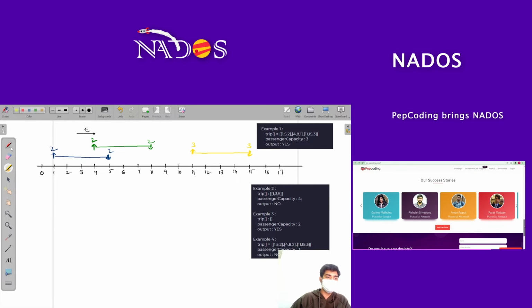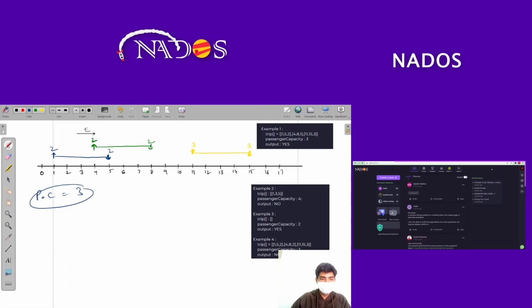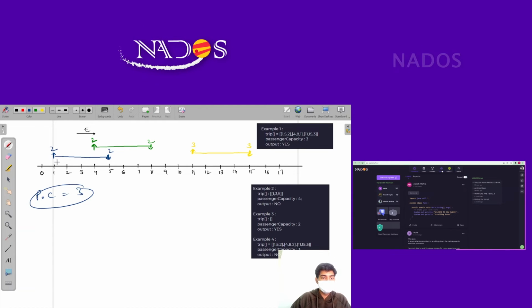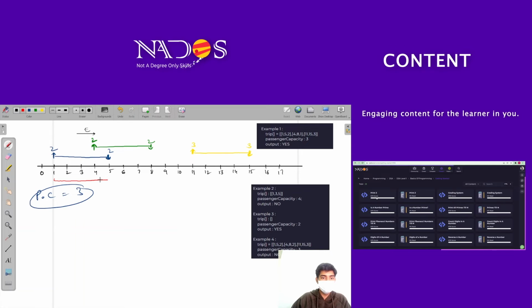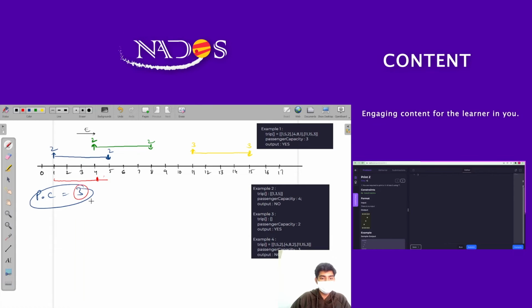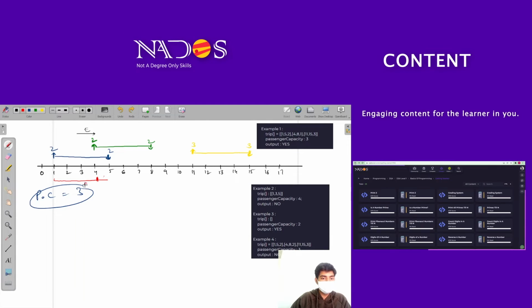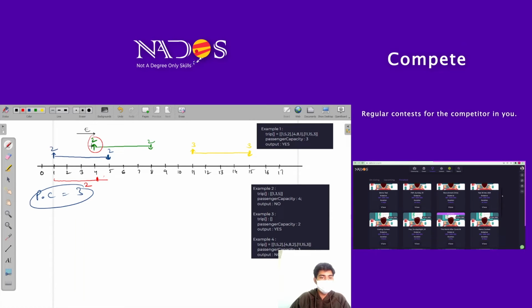Now my passenger capacity is 3. Let's say at this moment I have 2 passengers in my car. When I encounter this case, I would have to pick up 2 more passengers. I've used 2 seats so far, and when I'm at 4, I have to pick up 2 more passengers.